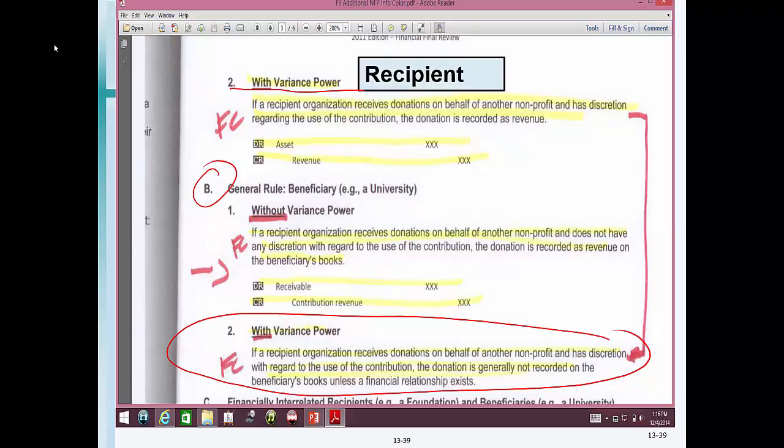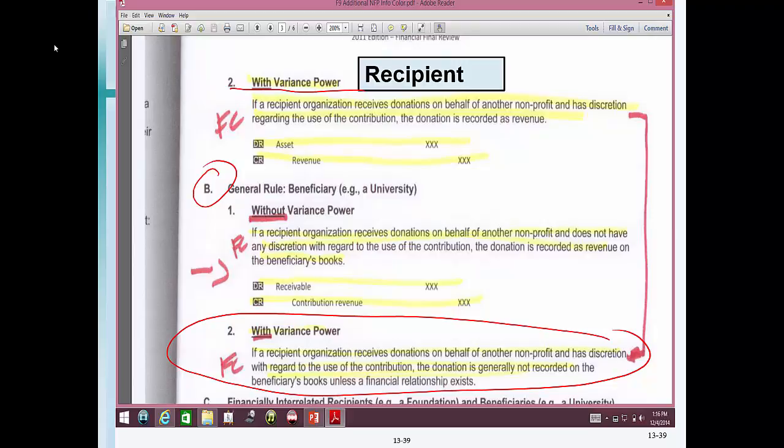Now, as a side, just to explain this university and foundation thing that they're showing you here, sometimes a not-for-profit will set up a captive intermediary. By that, they set up an organization whose whole job is to raise money for that one beneficiary. We call that the foundation, and many universities will do that.